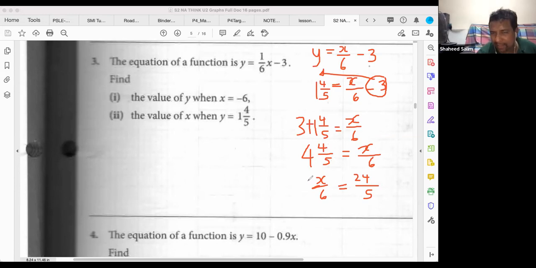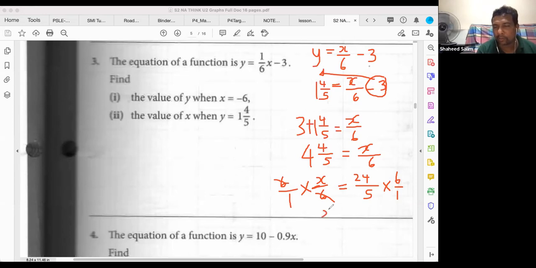So now one last step, times by 6 over 1. If you times the left by 6 over 1, you must also times the right by 6 over 1. So what do you get? 24 times 6. 24 times 6, 144.